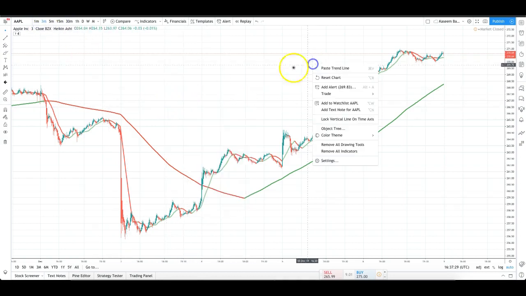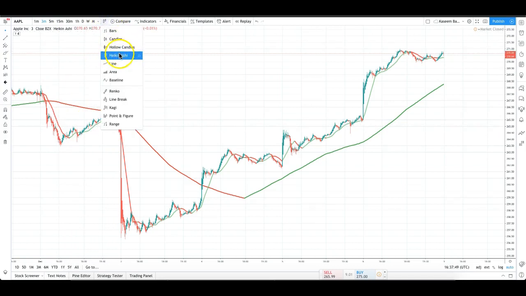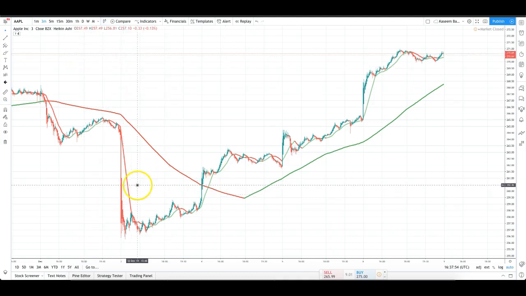A little fluke there. I don't know what's going on with this chart. You can trade using 5 minutes, or 1 minute. I don't recommend the 1 minute chart because Heikin-Ashi, this candle, is better when you slow down the time frame. That's when I like to use this candle.